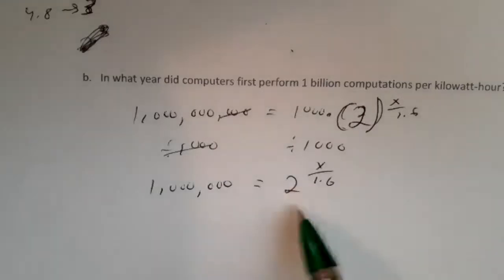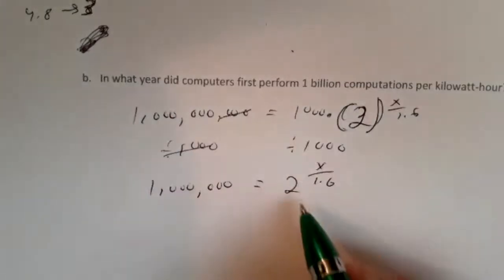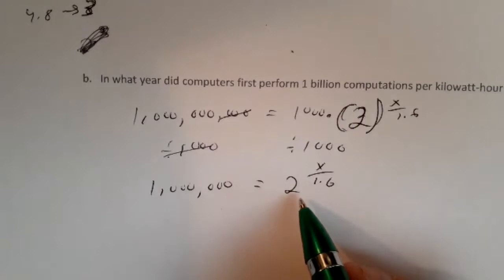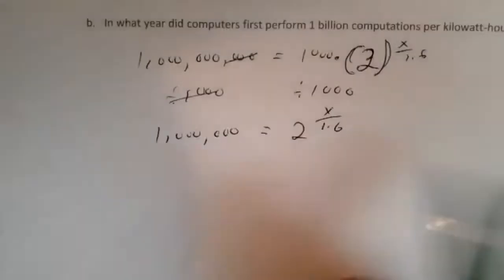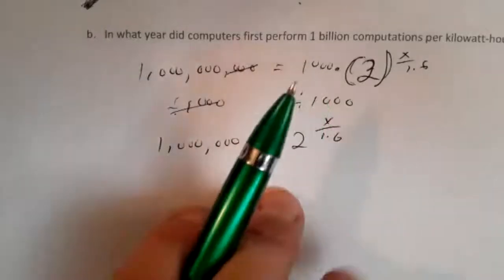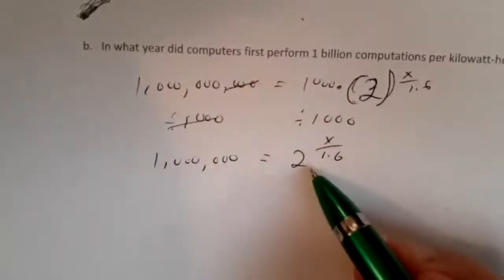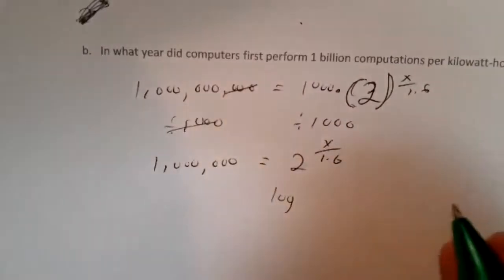Now we have this exponential by itself. If we have the exponential by itself, the thing that undoes an exponent, the thing that we learned right after exponents, was logs. And so I want to take a log of this side, but the base of the log I want to take is a log base of 2.